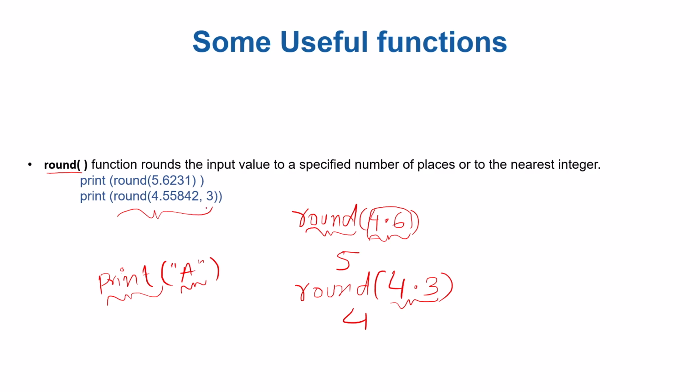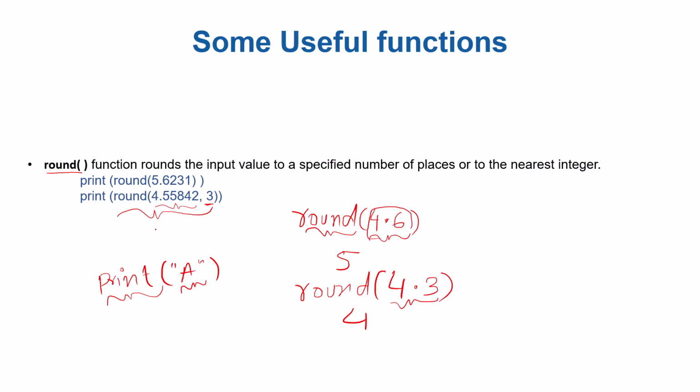So this particular function accepts two arguments. So round has two different kinds of implementation. One is when it accepts only one input argument, it returns the nearest integer to that. If it accepts a floating point number as well as another argument, like here we have 3, that means after the decimal point, go to 3 places only and then round.